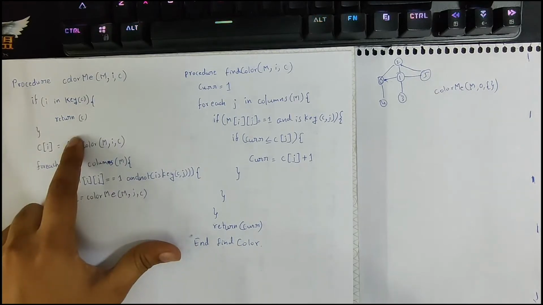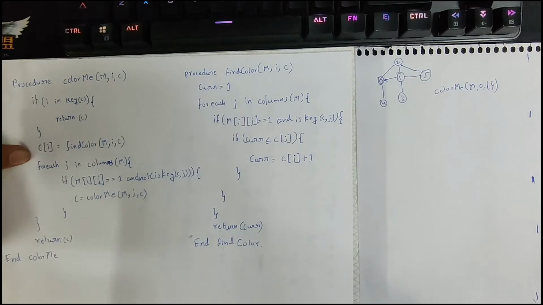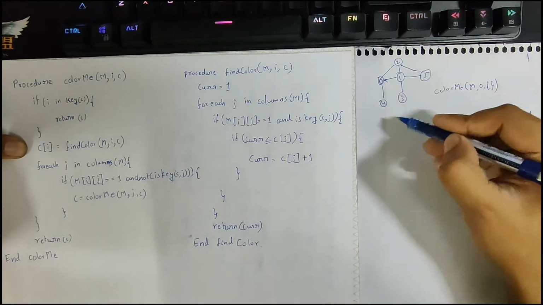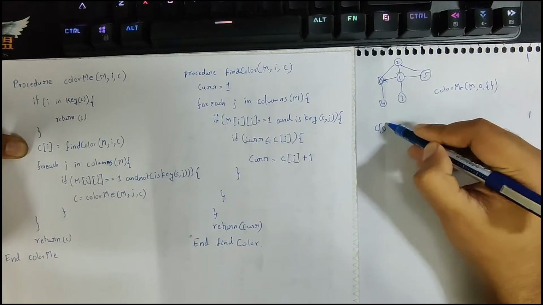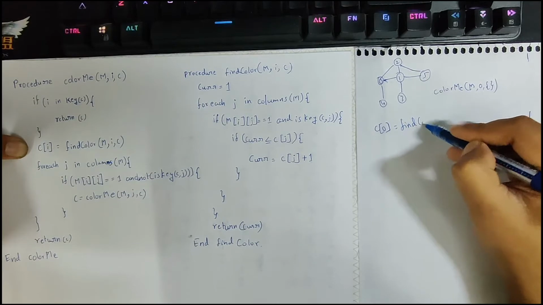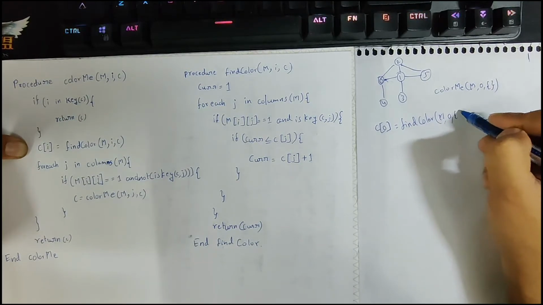So this base case here, there is no keys in the dictionary yet. So we'll move on to the next step. C of I equal to find color of. So here we'll be assigning value of C of 0 equal to find color of M comma 0 comma this empty dictionary.